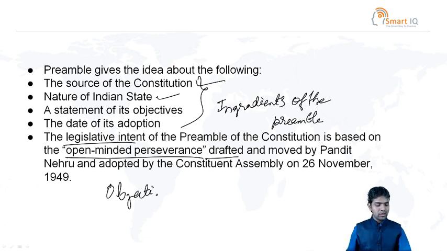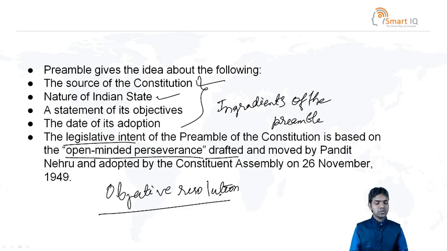This draft was moved by Pandit Nehru and adopted by the Constituent Assembly on 26th November 1949. It's very important for exams. Before it became the Preamble, it was called the Objective Resolution.